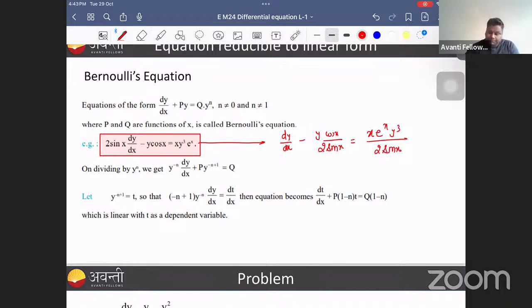Got it? Now divide this equation by y cube also. So you get 1 by y cube dy by dx minus 2 cot x into 1 by y square equals x e to the power x upon 2 sin x. Now what you will do is assume 1 upon y square as t.